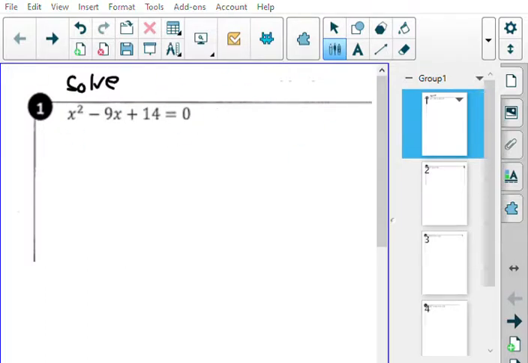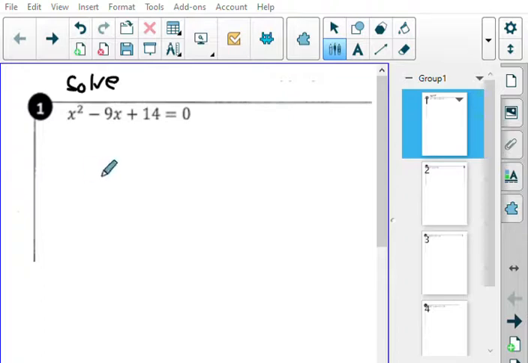All right, so if I want to graph this, I'm going to type in x squared minus 9x plus 14. Now, this is how we can graph it. We can see our quadratic. I can find where my solutions are at positive 2 and positive 7.